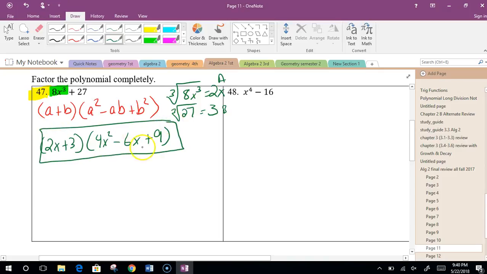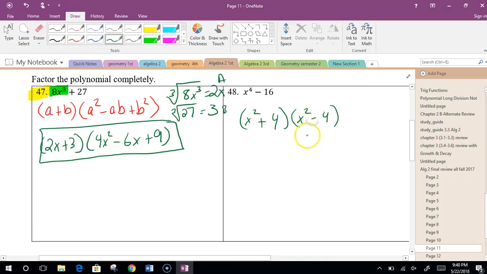You would obviously want to check and make sure that that last expression doesn't factor itself, but in most cases you shouldn't have to worry about that. In number 48, you could factor this a number of different ways. The easiest way to deal with this, because it's really just both squares, is that x to the fourth is the same thing as x squared times x squared. 16 is 4 times 4.